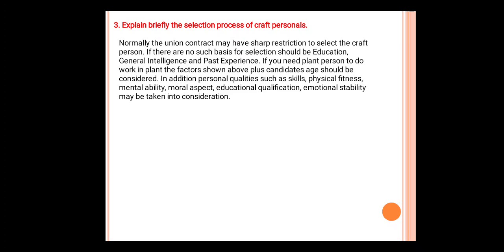In addition, personal qualities such as skills, physical fitness, mental ability, moral aspect, educational qualification and emotional stability may be taken into consideration. With all these conditions, the selection process of the craft person can take place.